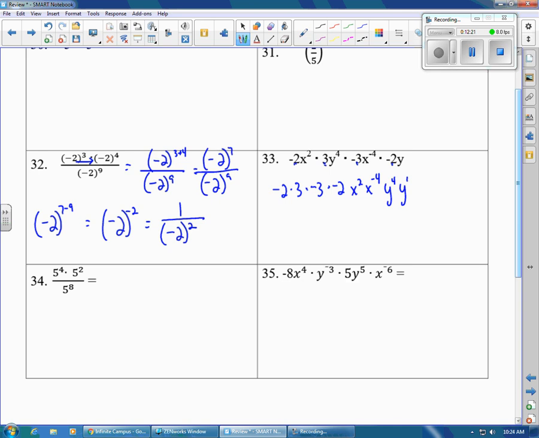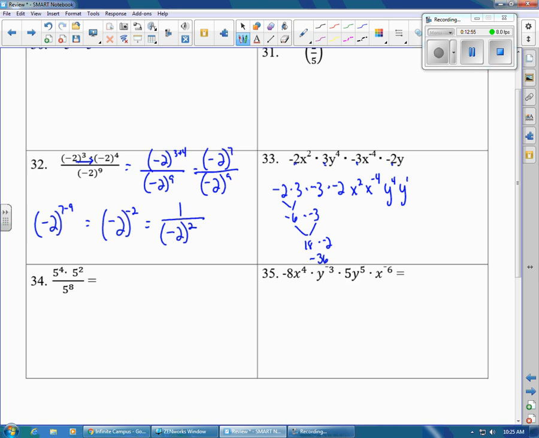So now I can multiply together my constants. Negative 2 times 3 is negative 6. Negative 6 times negative 3 is positive 18. So that's going to be a positive 18 times negative 2. 18 times negative 2 is a negative 36. So my constant here is going to be a negative 36.